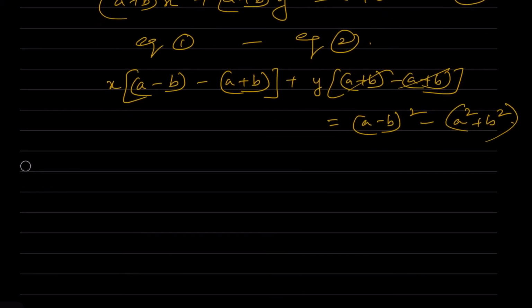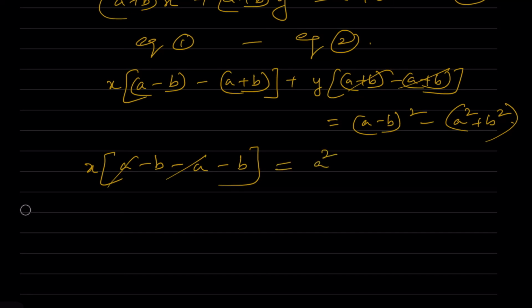You are getting here a will get cancelled in this. Minus 2b will be left over, and over here that becomes 0 because a plus b minus a minus b you are getting. So a square minus 2ab plus b square minus a square minus b square means a square is getting cancelled.